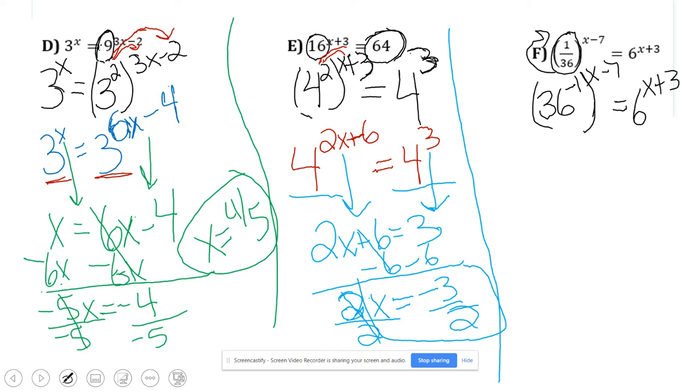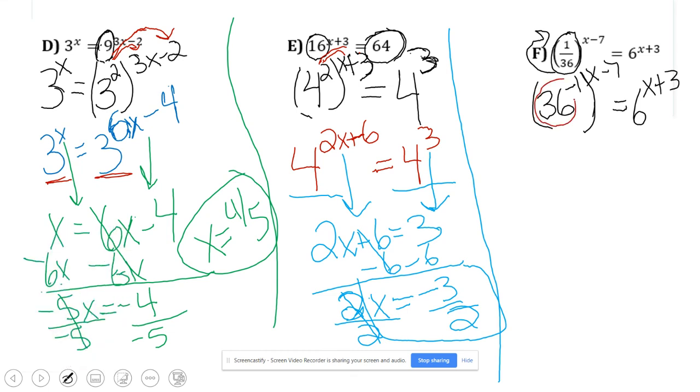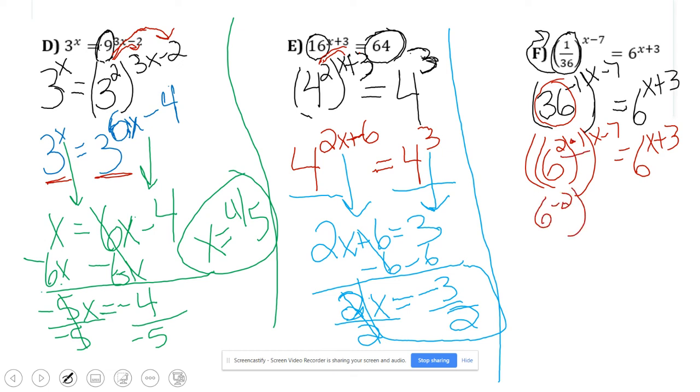But they're still not like bases. I have a 36 on the left and a 6 on the right. So, can I take 36 and make that into a base 6? Yep, I can if I make that 6 squared. So 2 times negative 1 is negative 2.